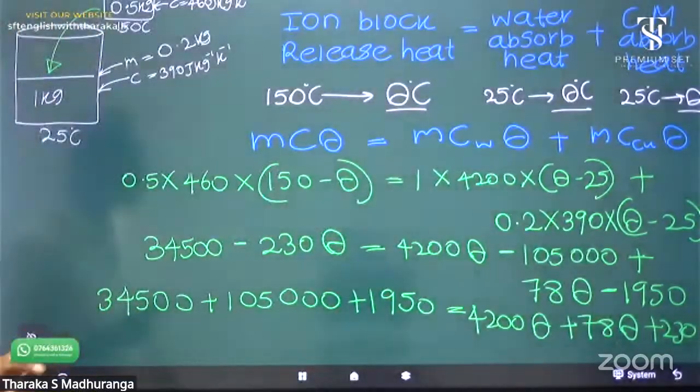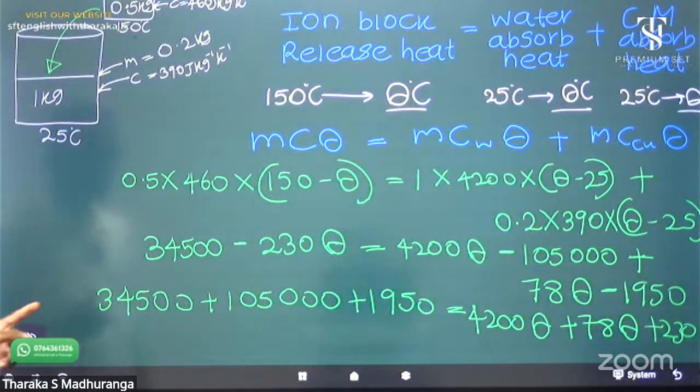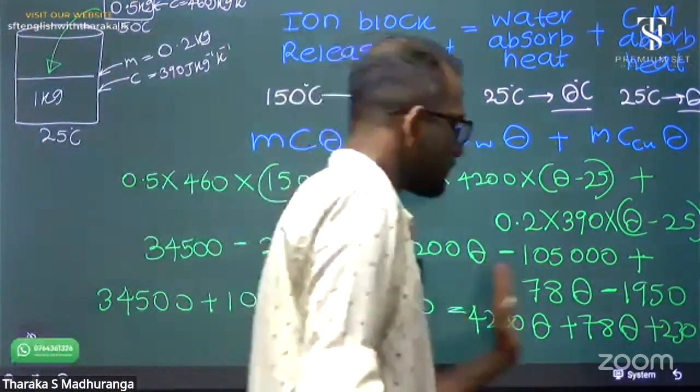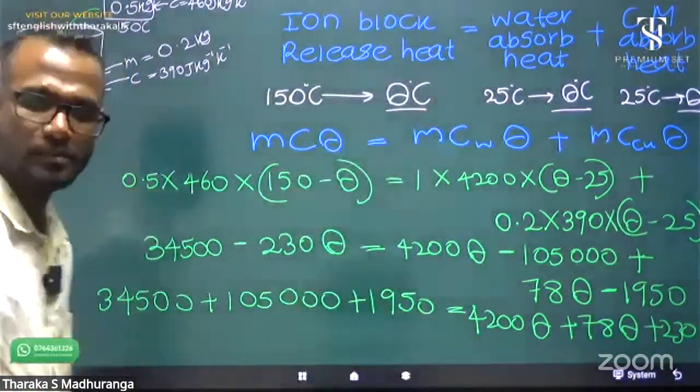Hurry, get the value of theta. Take the sum on this side, the sum on that side, and divide.